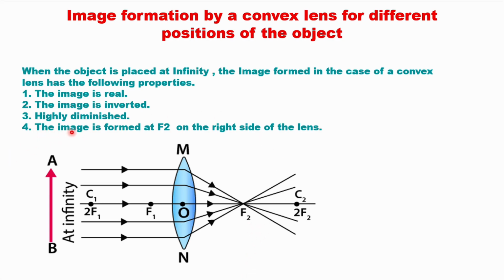The image is formed at f2 on the right side of the lens. The image is real and inverted. And what is the size of the image? It is highly diminished, that is very small compared to the object size.